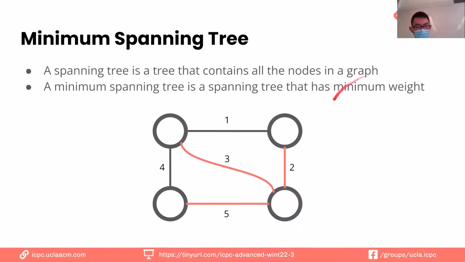So here in this graph, the red edges outline a spanning tree of this graph because it connects all the nodes together, and it's a tree. And this tree is the minimum spanning tree because it has the minimum weight out of all spanning trees.